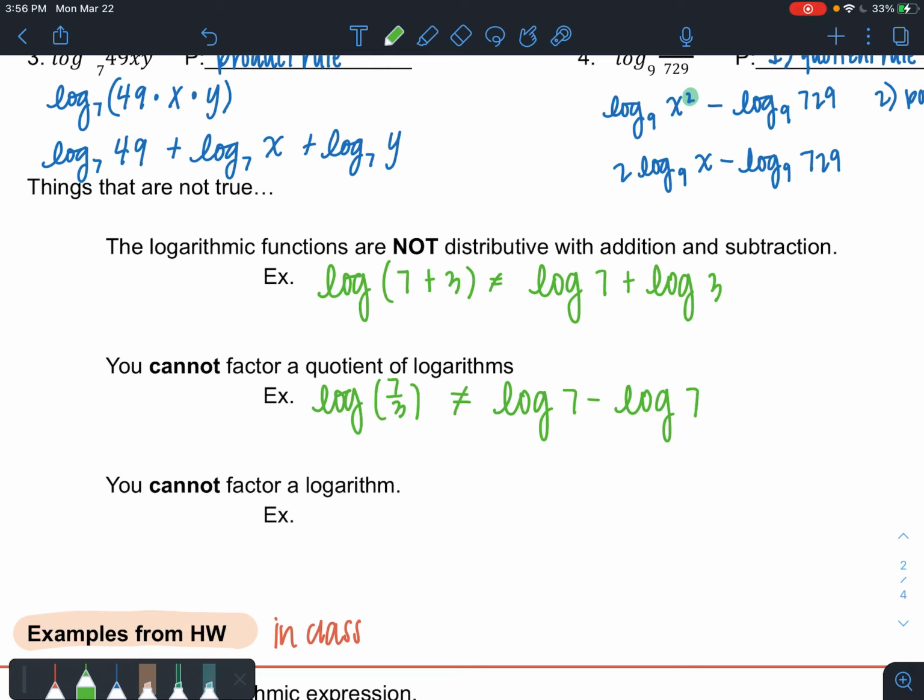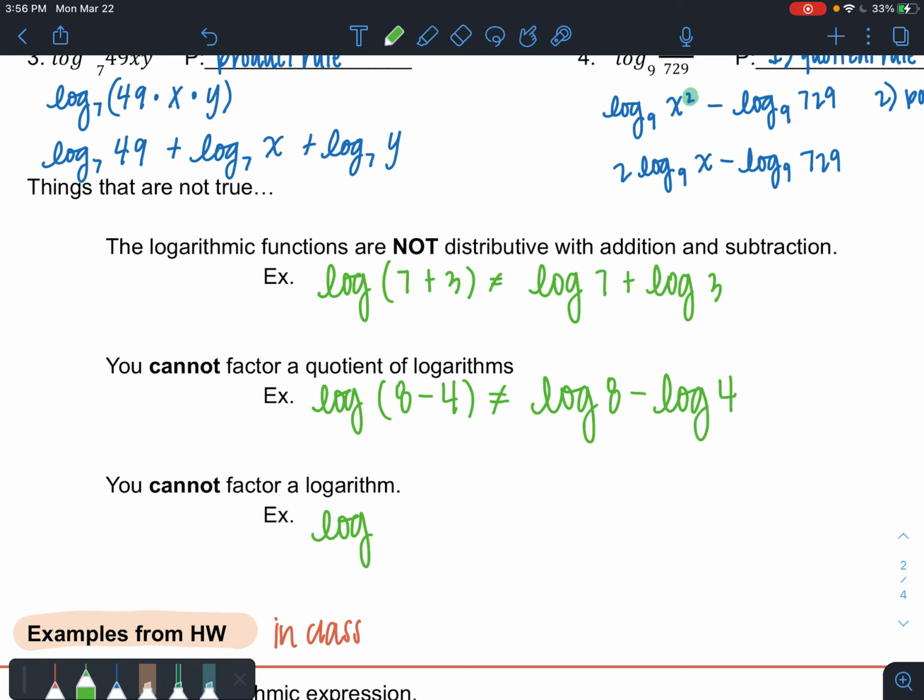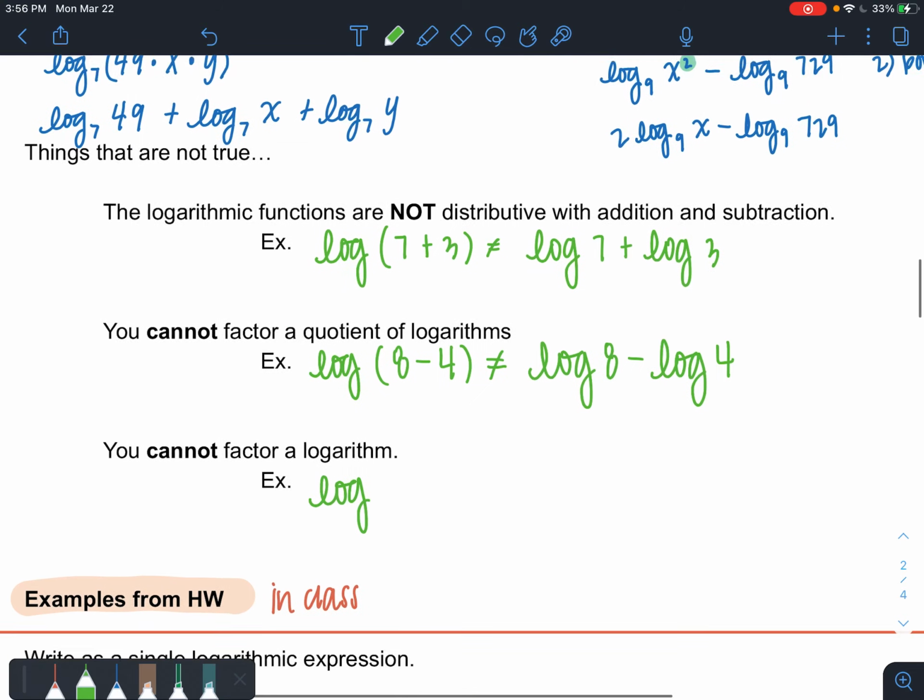So if you have log of, oh wait, I didn't write out the right thing here. Oh yeah, I did. This should have been 7 minus 3 is why. So if I had log, let's change numbers to 8 minus 4, then that's not equal to log of 8 minus log of 4. I can't just distribute that through. What I had originally written was the quotient rule.